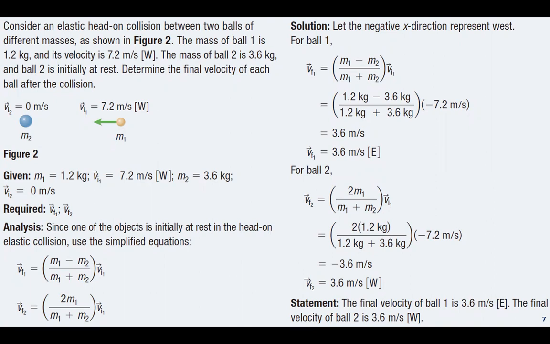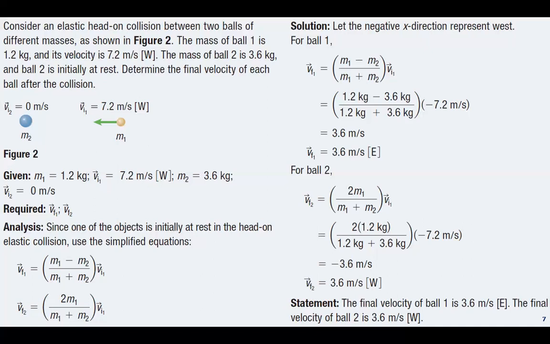So we can let the negative x direction represent west. For ball 1, we have Vf1 equals (m1 minus m2) over (m1 plus m2) times Vi1. And then we can just plug these numbers in. This gives us about 3.6 meters per second.